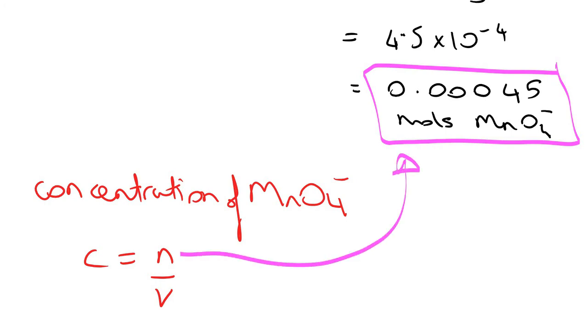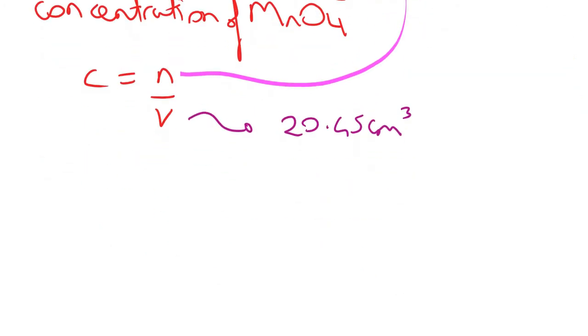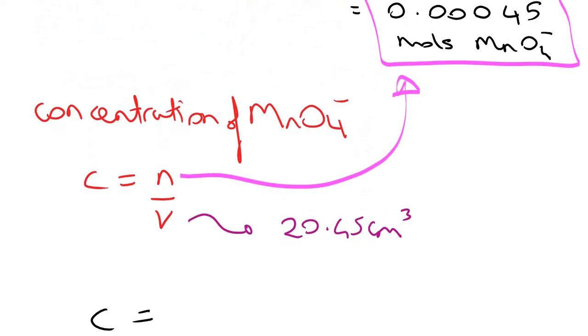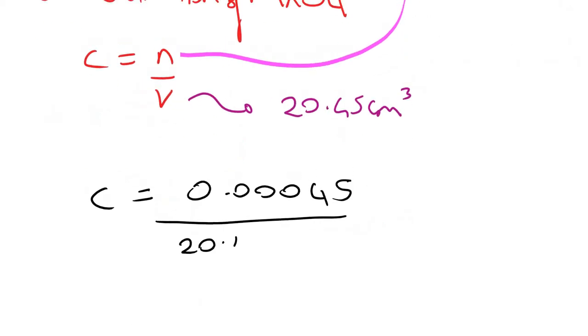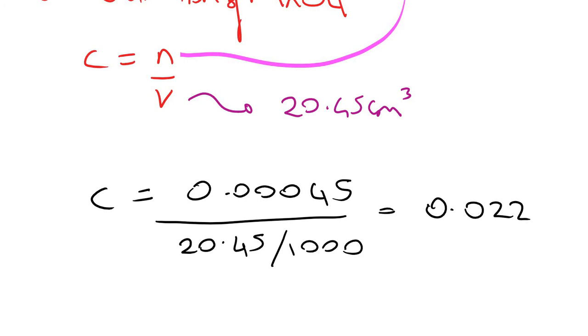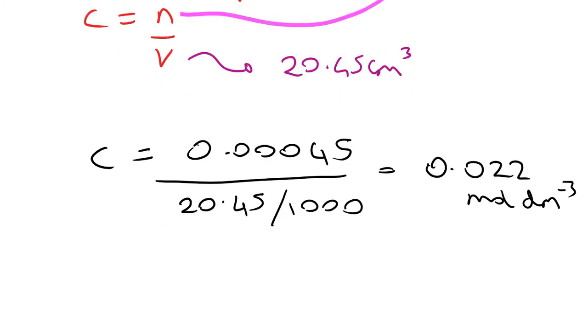Number of moles is this, and volume is just 20.45 centimeters cubed, because that's given in the question. So the concentration is 0.00045 divided by 20.45 over 1,000, which is equal to 0.022 mole per dm cubed. And that's just the same as 0.022 capital M for molarity.